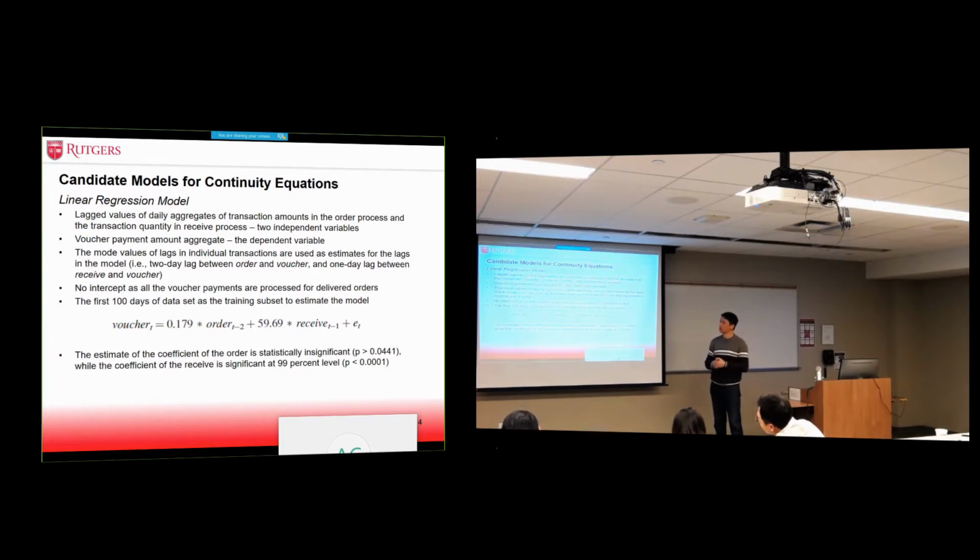And they also use time lags, and while defining time lags, they use the mode, and they assume that there is a 2-day time lag between the order and voucher, and a 1-day time lag between the receive and the voucher.